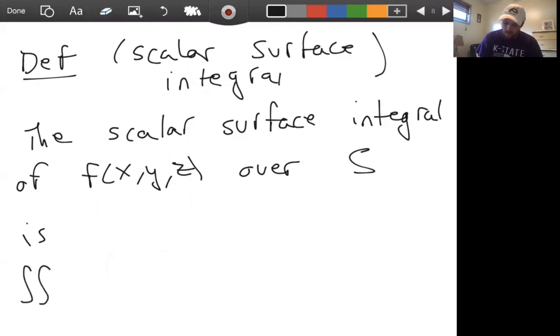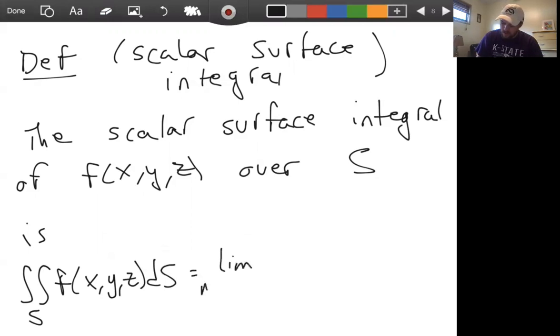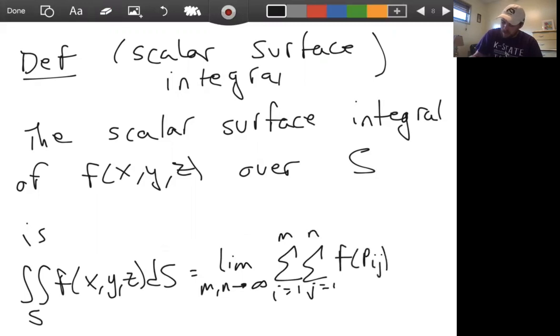So let's say S, f of x, y, z dS. This is the limit as m and n go to infinity of the double sum, i goes from 1 to m, j goes from 1 to n, f of Pij, magnitude of Tu cross Tv, delta u, delta v.